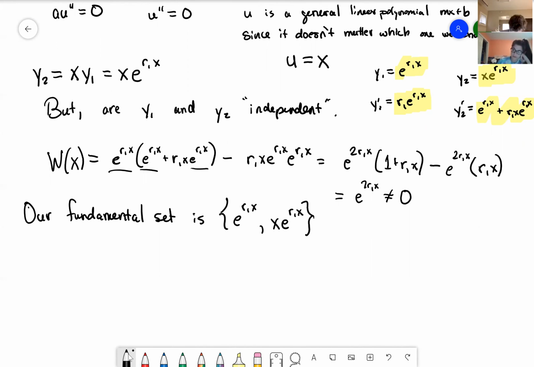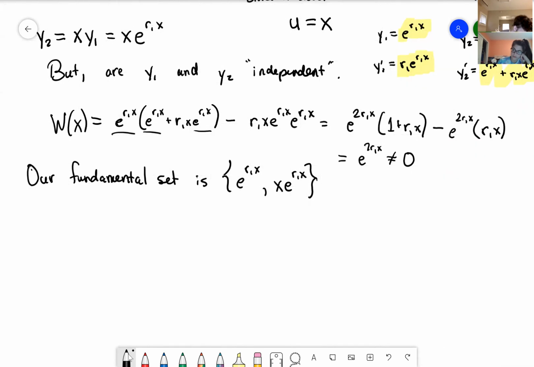Okay, so now if we have our initial condition, then we can just solve for C1 and C2. So let me write this out. Summary: y is equal to C1 e to the r1x plus C2 x e to the r1x is the general solution.